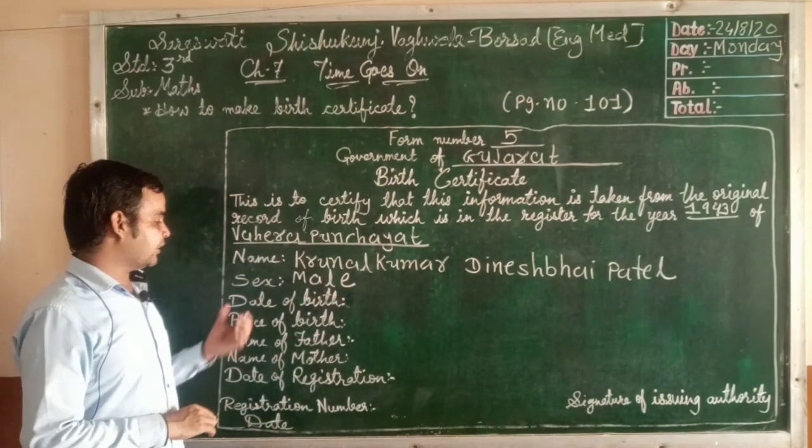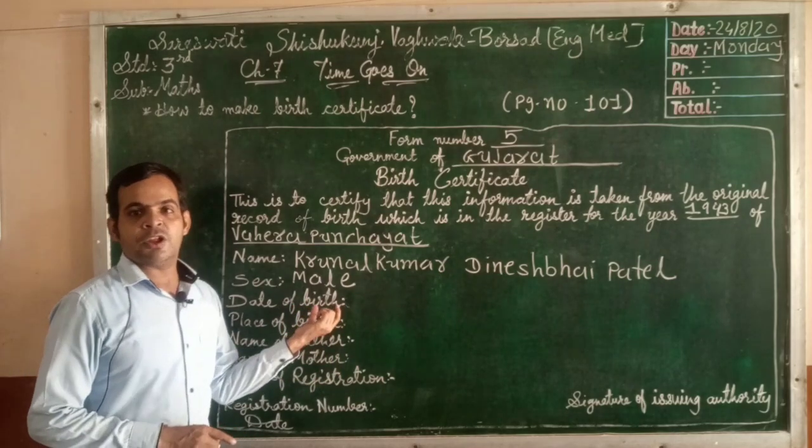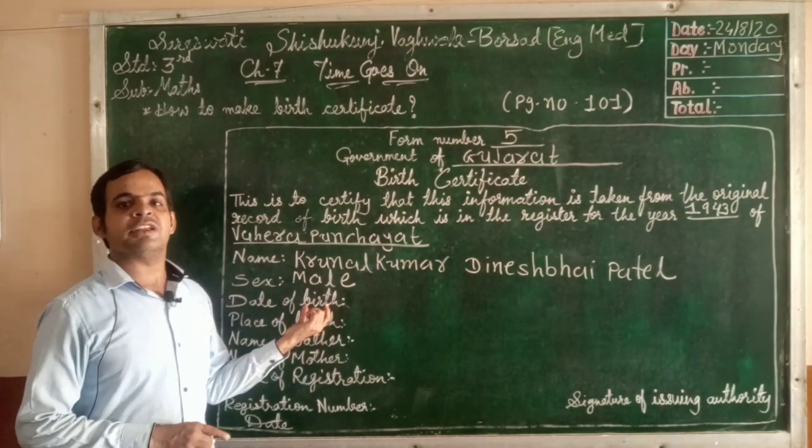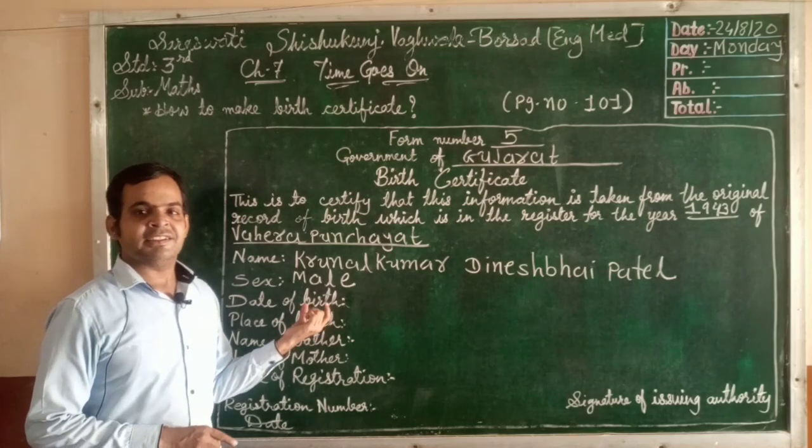Next is date of birth, so here you have to write your date of birth. My date of birth is 26 April 1993.